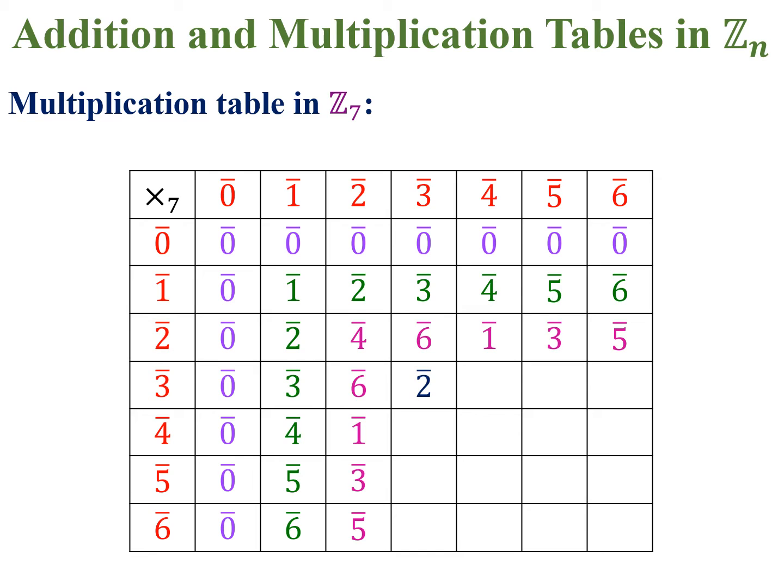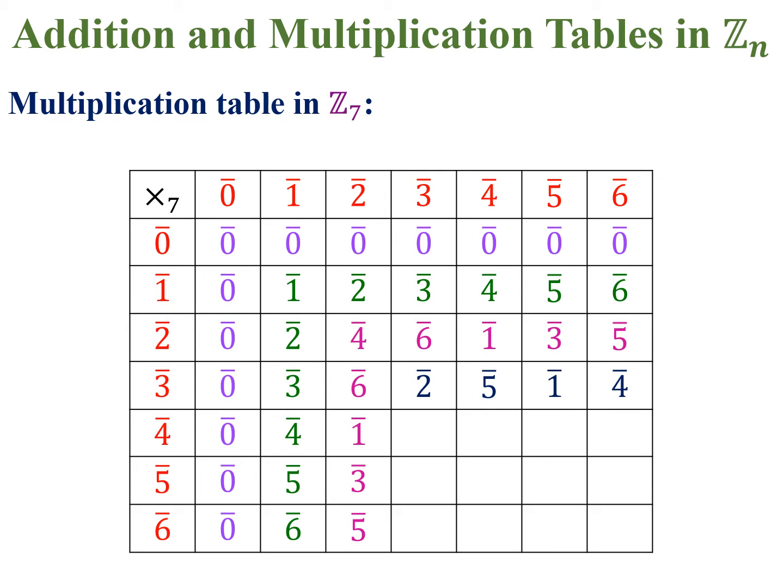When we divide 12 by 7 the remainder will be 5. 3 into 5 is 15. When we divide 15 by 7 we will get the remainder as 1. 3 into 6 is 18. When we divide 18 by 7 we get 4 as remainder. All these entries are again obtained in this column, and we will get class of 2, class of 5, class of 1 and class of 4.